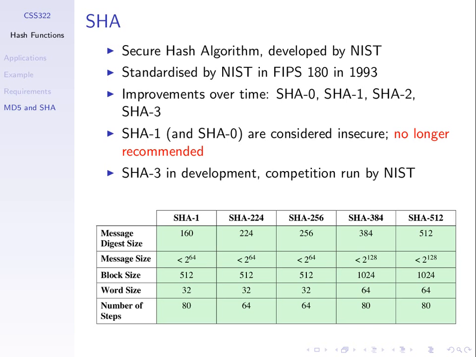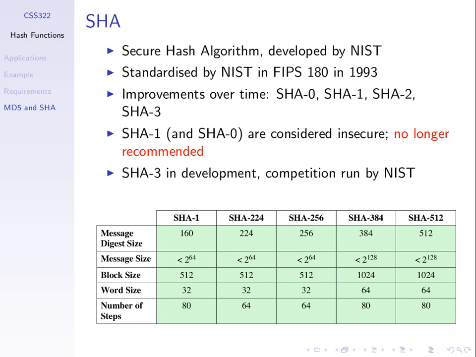And the replacement algorithm, the one that the US National Institute of Standards and Technology, NIST, developed, was the secure hash algorithm. In fact, it has different variants: SHA-0, SHA-1, SHA-2 and so on. Some of them are listed here, and the number indicates the length of the hash value. SHA-1 had a 160-bit hash value.